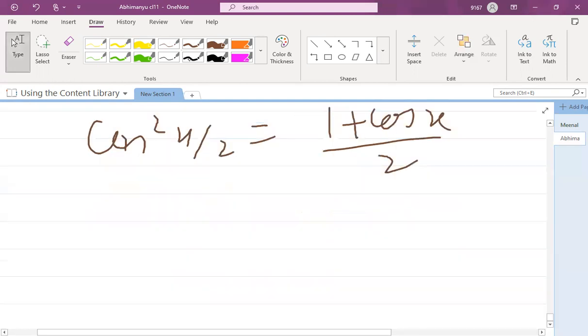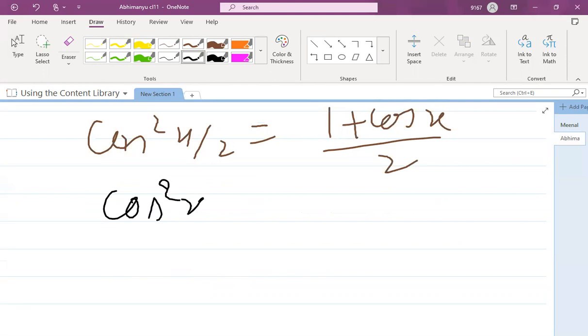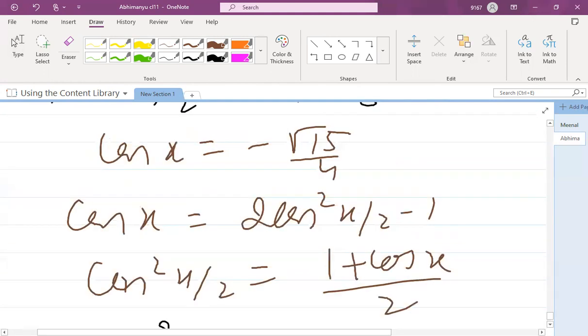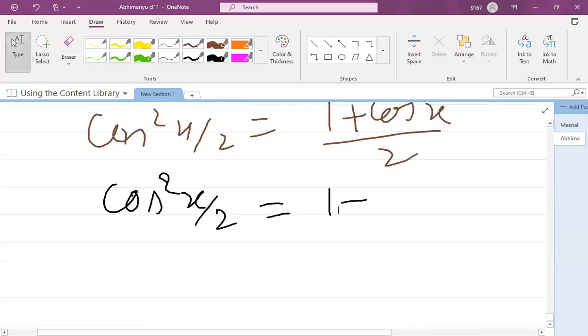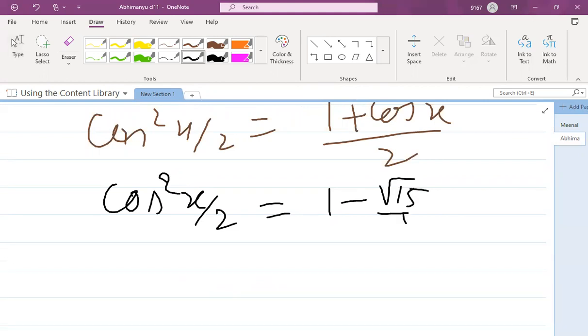So we have cos square x by 2 equals to 1 minus root 15 upon 4 by 2.